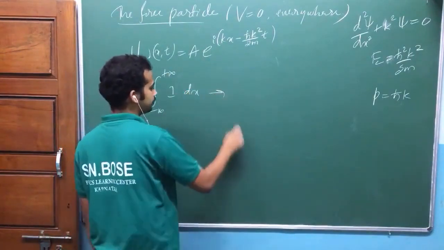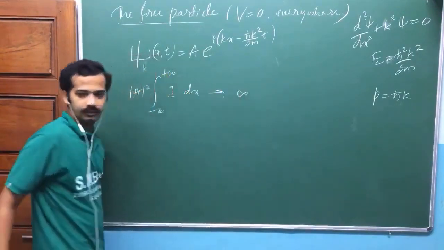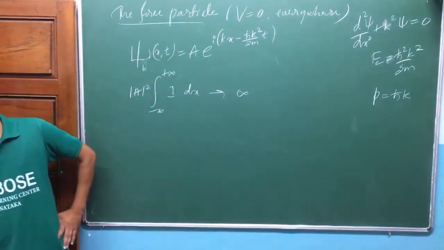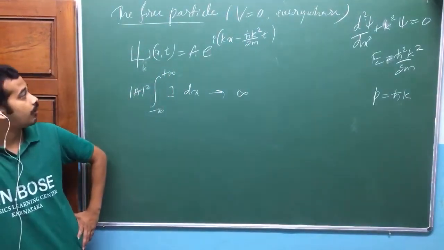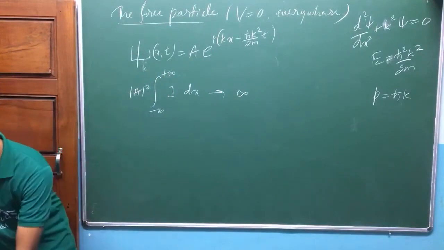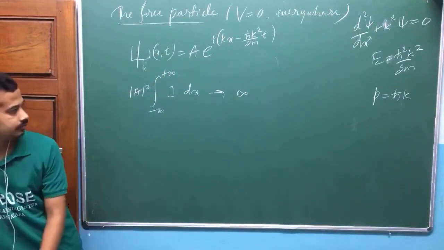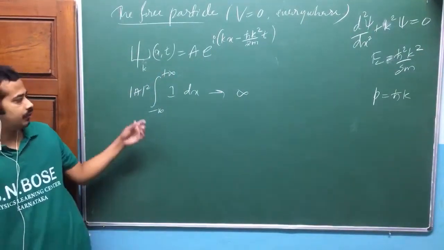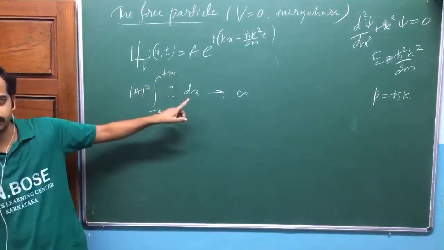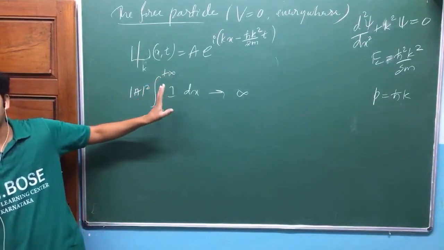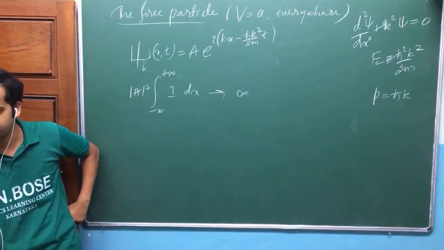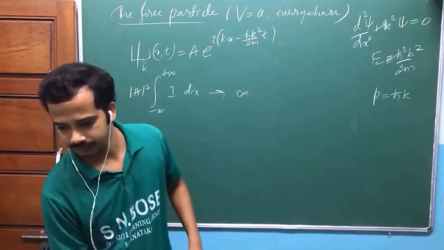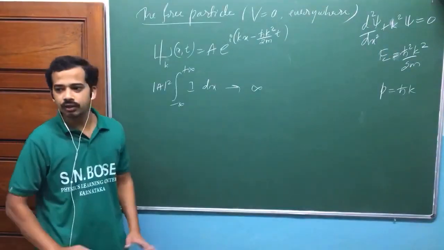It diverges. It is not square integrable at all. When you take mod square, you will get mod a square times the integration from minus infinity to plus infinity of 1 dx. That's infinity. I hope you know that one. So that's why it is not square integrable.